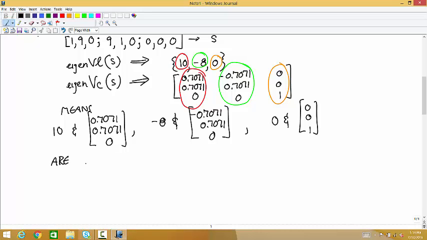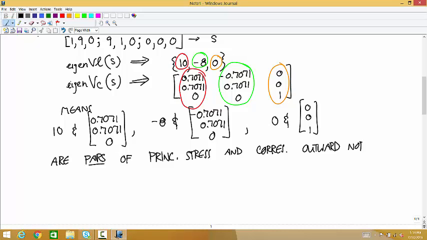So these are pairs of a principal stress and a corresponding outward-facing normal vector for the stress element.